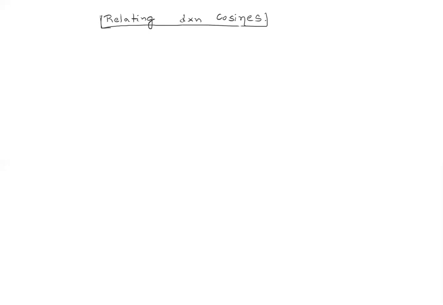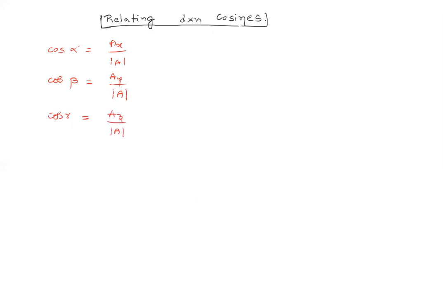Observe carefully. Now we have cos alpha as ax by mod a, cos beta is ay by mod a, and cos gamma is az by mod a.